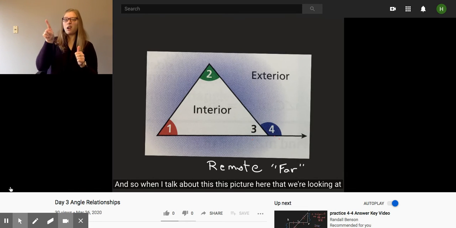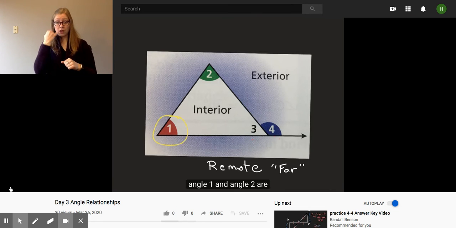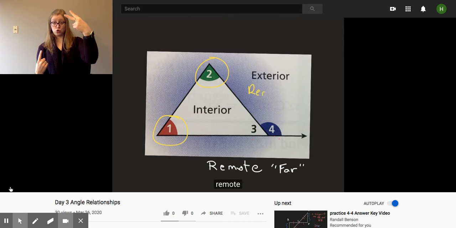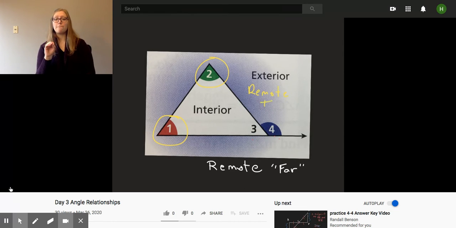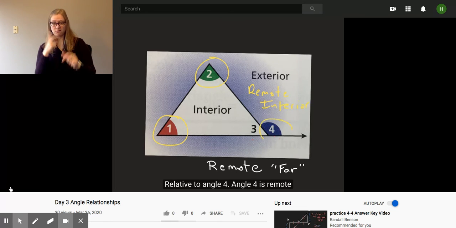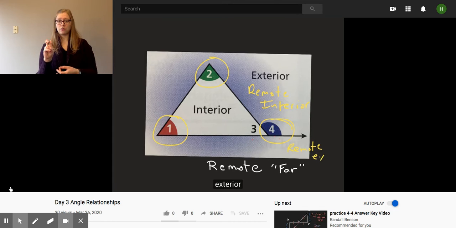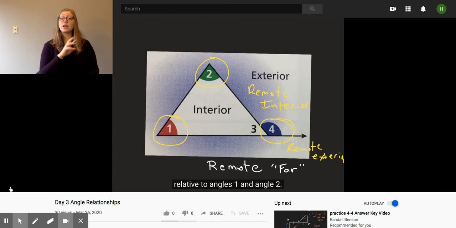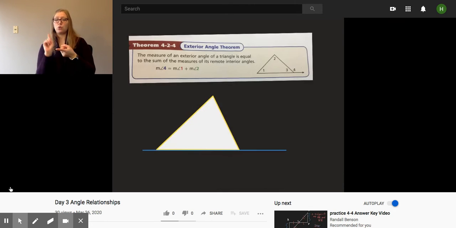So when I talk about the picture we're looking at, angle 1 and angle 2 are remote interior angles relative to angle 4. Angle 4 is the remote exterior angle relative to angles 1 and 2.